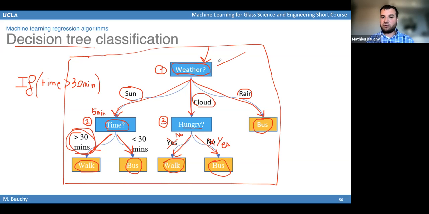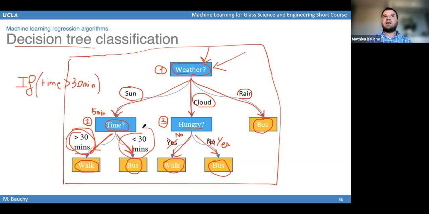The most influential features are going to be at the top of the decision tree. And then you can understand the meaning of the threshold, like why it decided that 30 minutes is a good threshold to dictate whether you will want to walk or take the bus. So that's an example of a model that you can use for classification purposes.